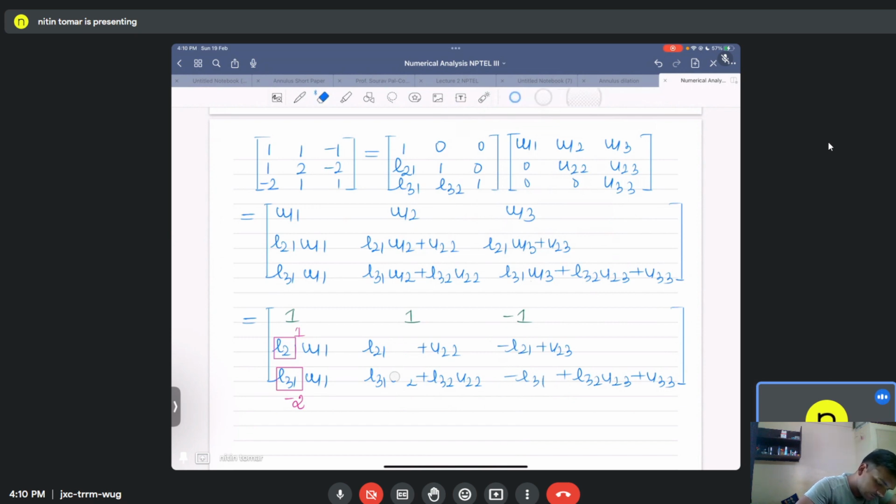U12 you can remove, so you will have l21, l31. If you solve this, can I write directly? What is L32?